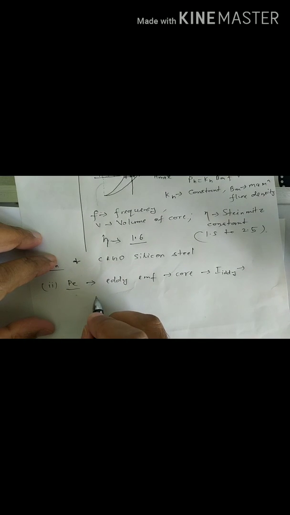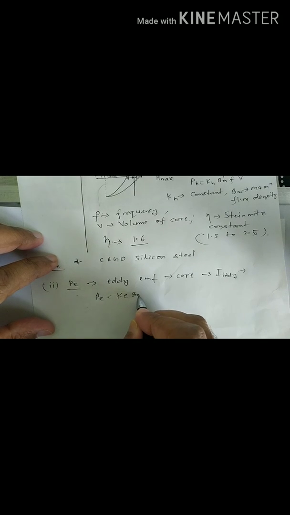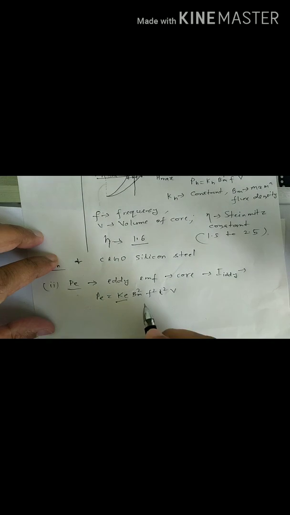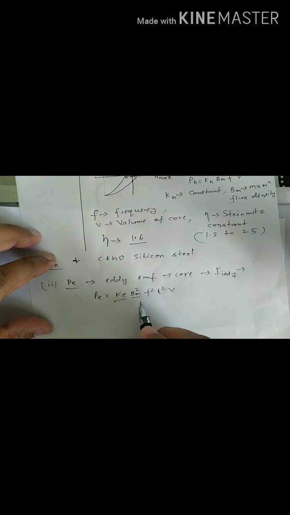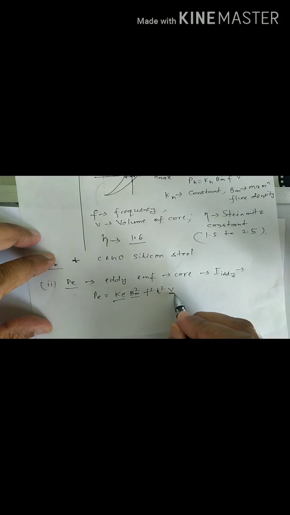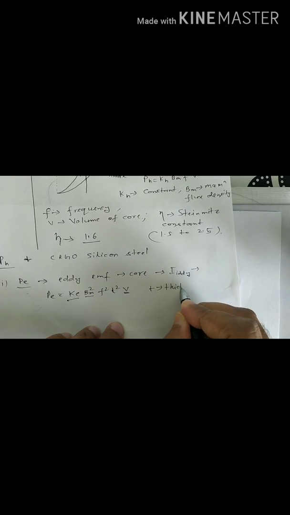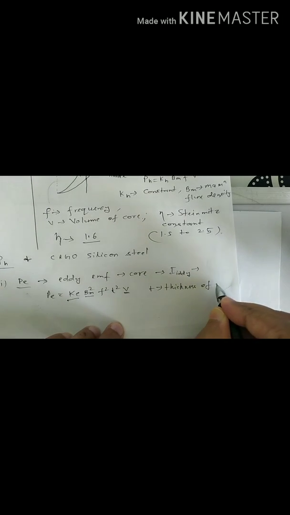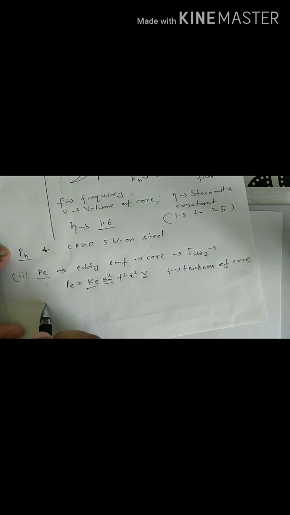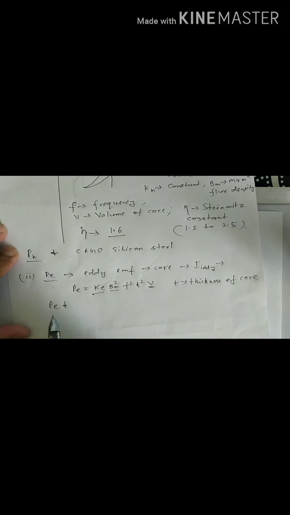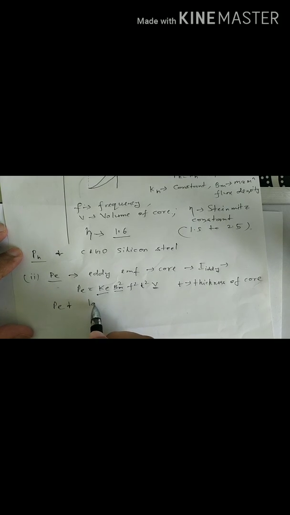Because of that eddy current, there is eddy current loss, and this loss is given by Pe equal to Ke Bm square f square t square v, where Ke is constant, Bm is flux density, f is frequency of flux reversal, v is volume, and t is thickness of core.